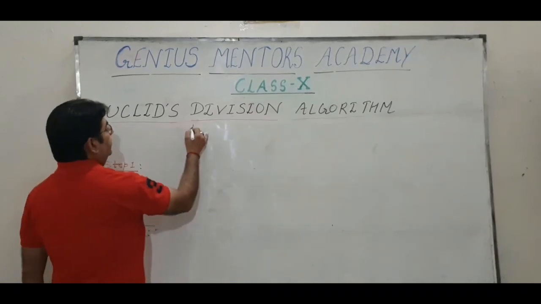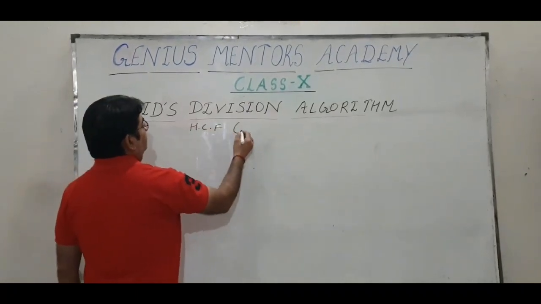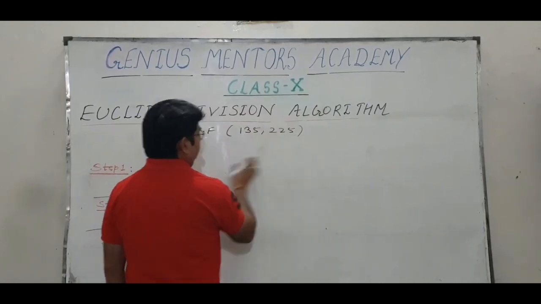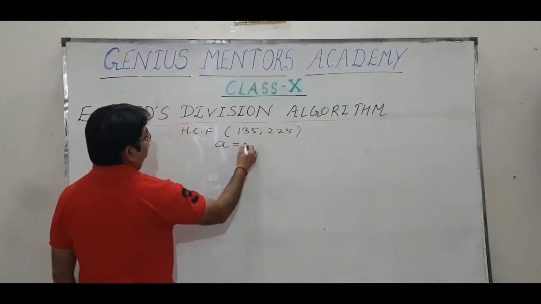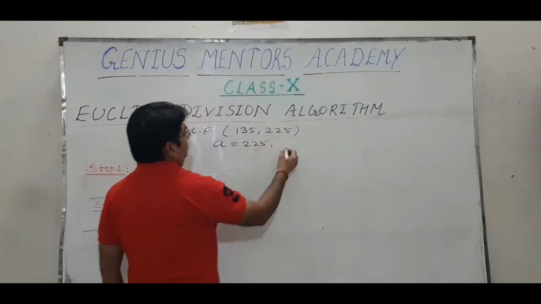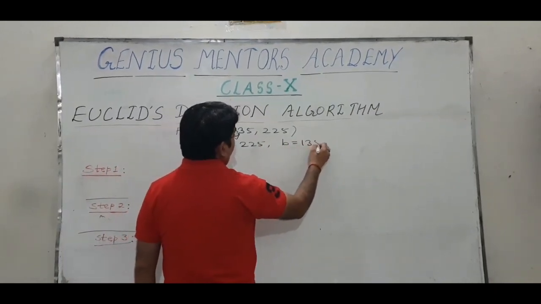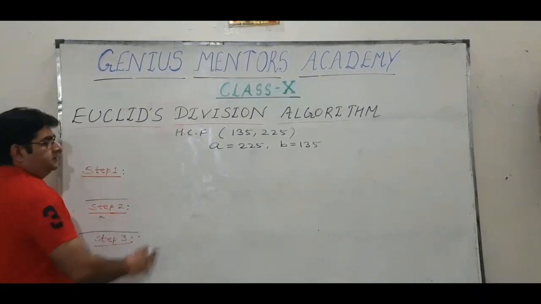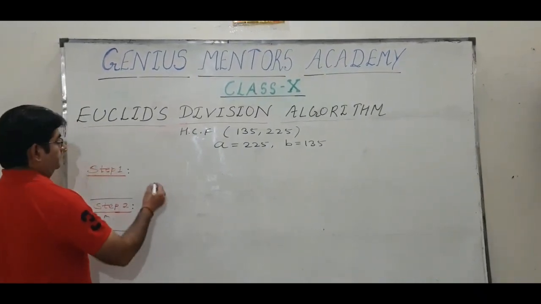We have to compute the HCF of 135 and 225. Here a is 225 and b is 135. Now we are solving by Euclid's division algorithm.